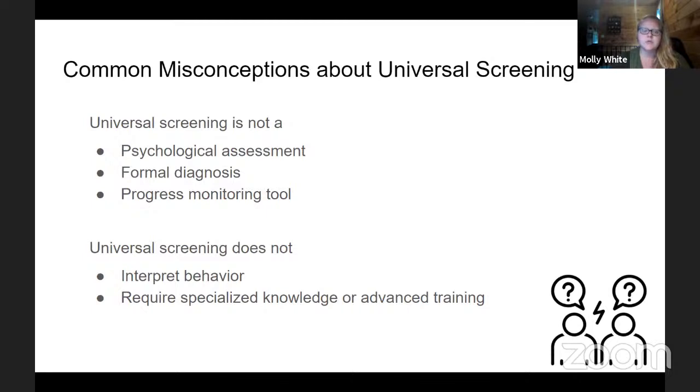And a progress monitoring tool is something completely different that we would want individualized based on the student. And universal screening itself does not interpret the behavior in any way. Like I said, it just documents those observable behaviors, and it does not require any specialized knowledge or advanced training to administer or record student information.